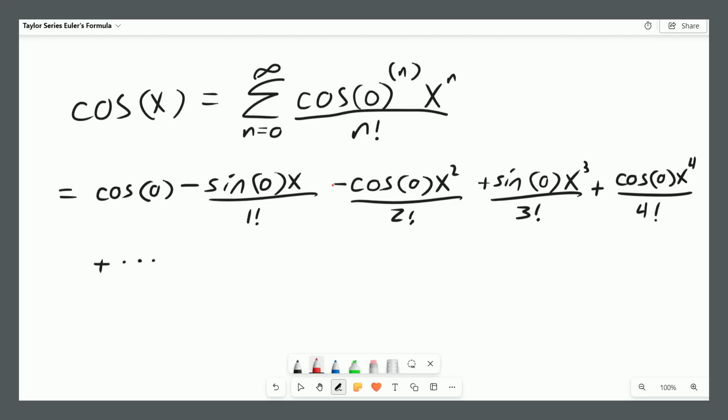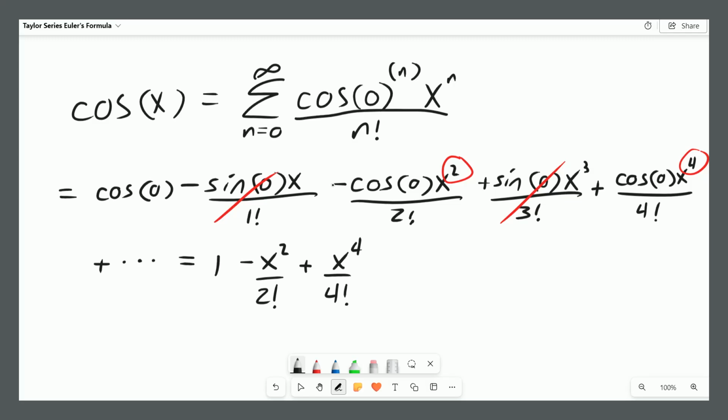First off, everything that has a sine 0 is going to get canceled out, because sine 0 is 0. And what we're left with is everything with an even exponent. What we have then is, now cosine of 0, remember, is 1. So we have 1 minus x squared over 2 factorial plus x to the power 4 over 4 factorial.